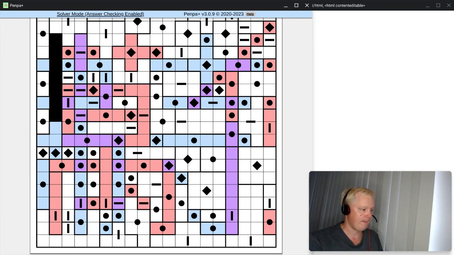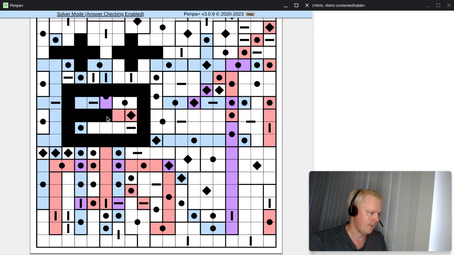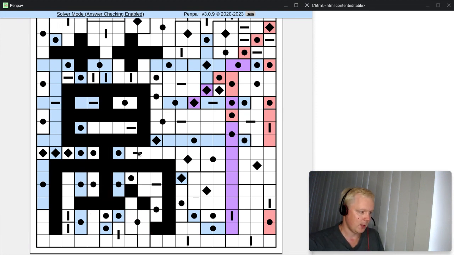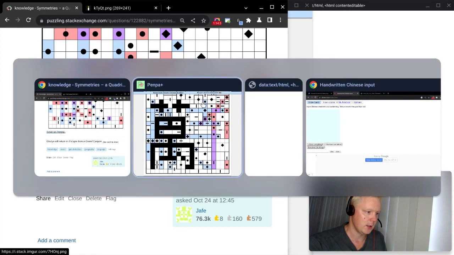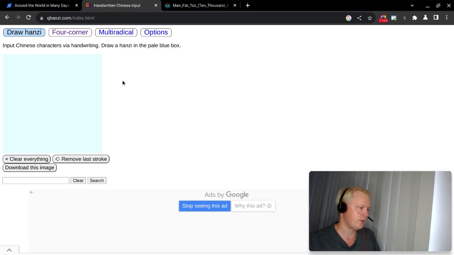So the red one, the first character is going to be something like this. So if we look up this shape, here we are, handwritten Chinese input.